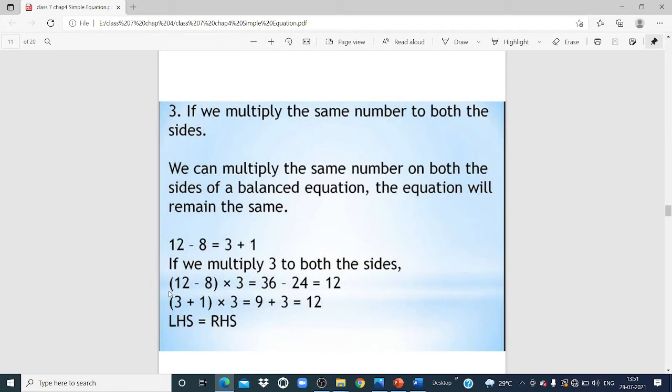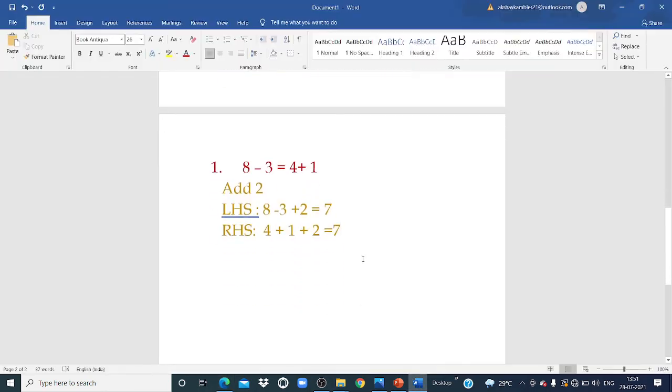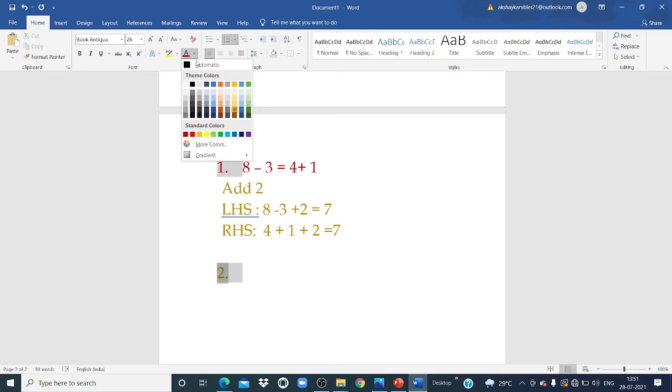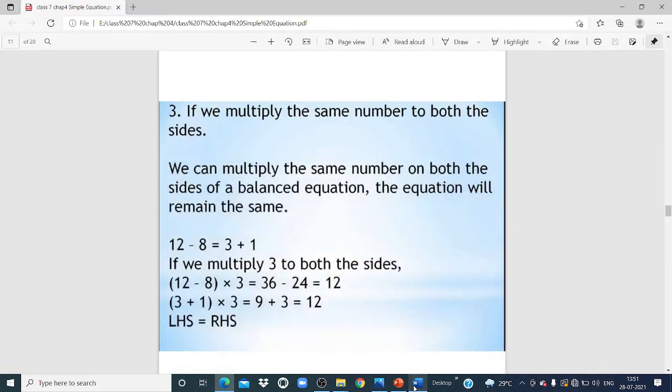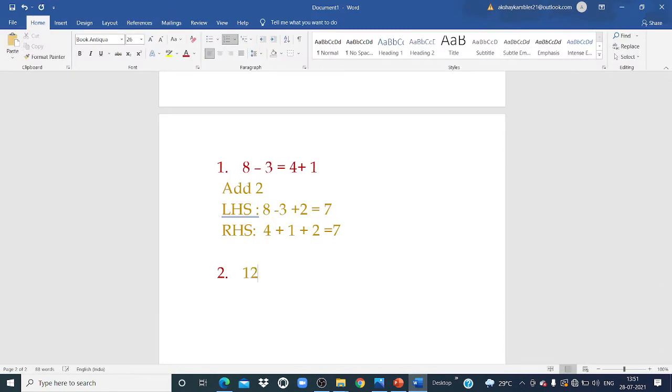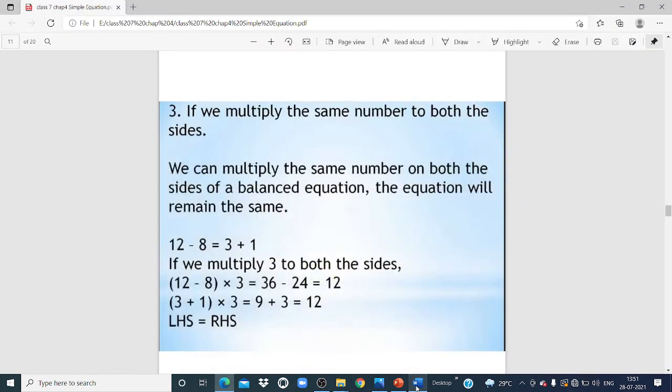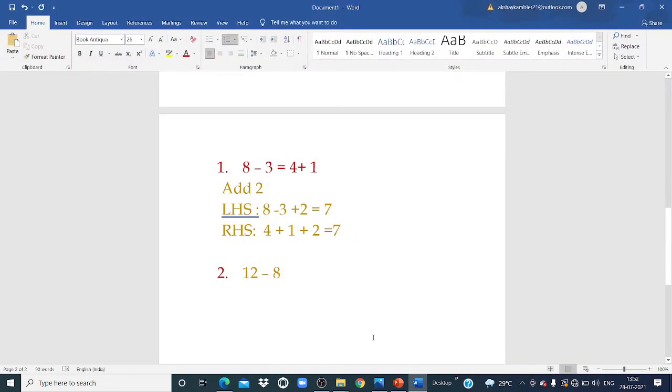Just think about the LHS. Now we are going to multiply. Shall we solve? Okay, we will solve. No worries. Example number 2. What was our example? 12 minus 8 is equal to 3 plus 1.